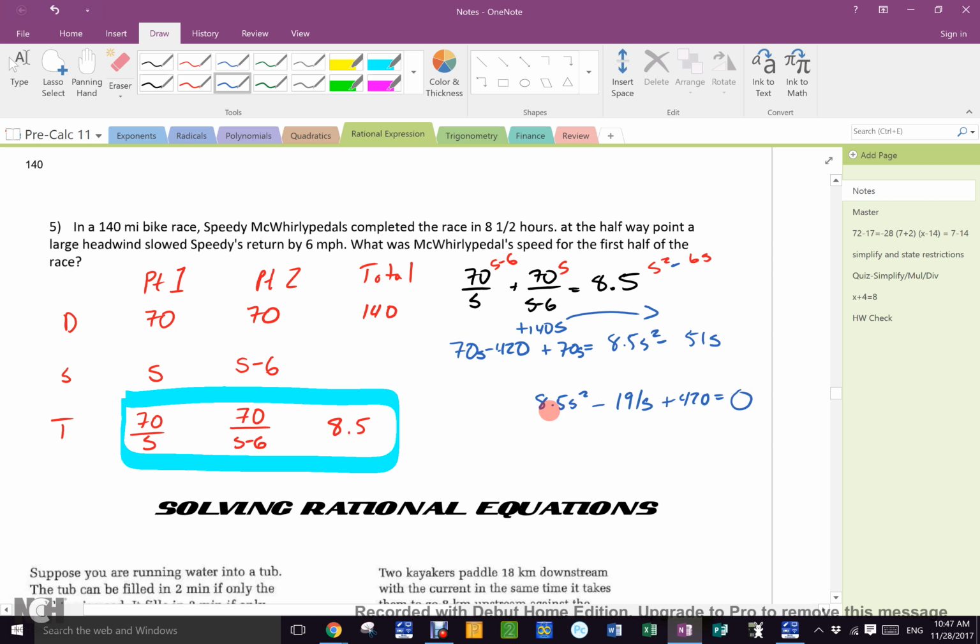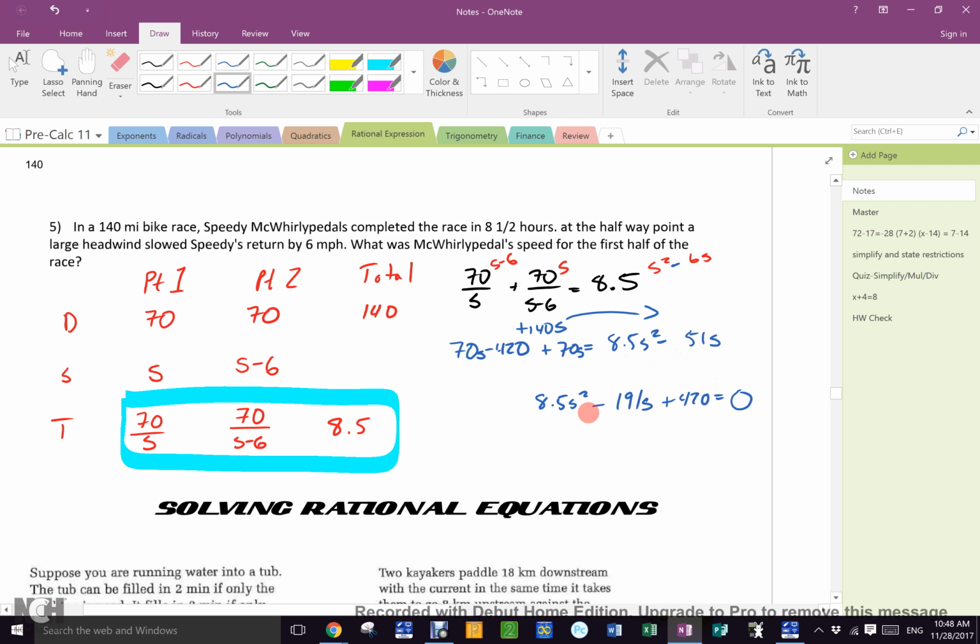Do we have a way to solve for S when it's ugly like this? Quadratic formula. You're bringing that back from Unit 3, Mr. Myers? Why I oughta. But you do, because that's how the world works.